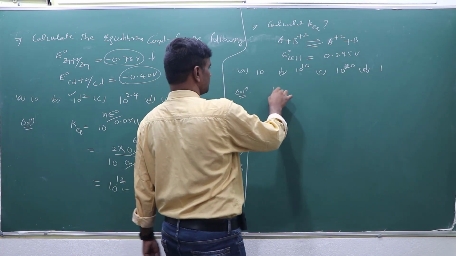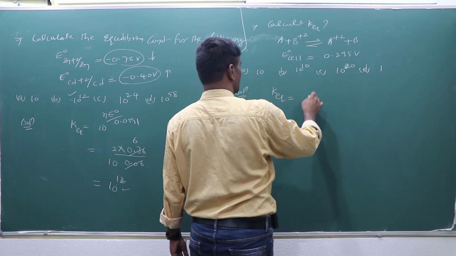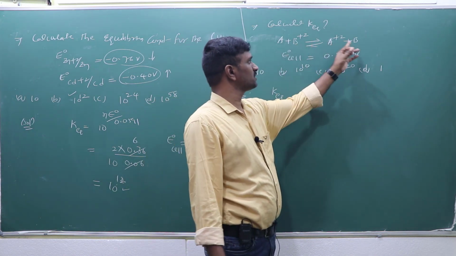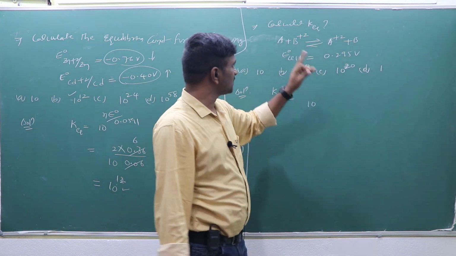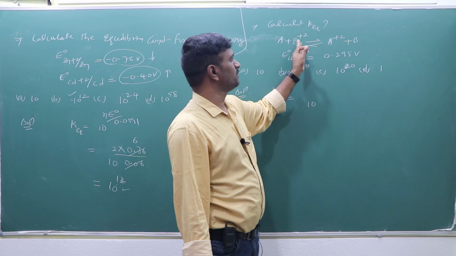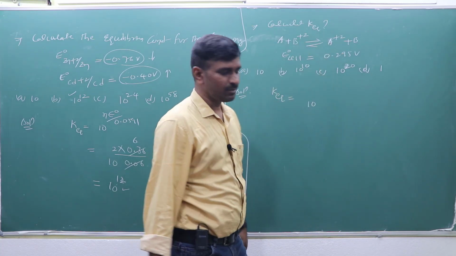The principle is K equilibrium is equal to 10 to the power of nE naught by 0.0591. n value is how many electrons? A is going to be A plus 2, B plus 2 is going to be B. That means how many electrons transfer? A going to A plus 2 gives 2 electrons, and the 2 electrons will be taken by the B plus 2, then B it may be deposited.